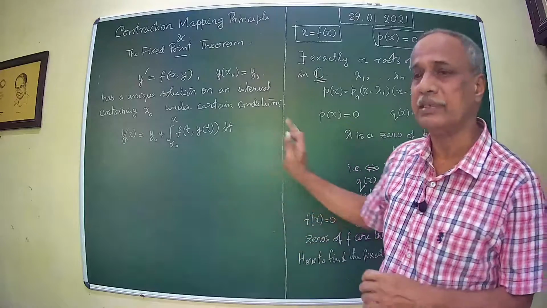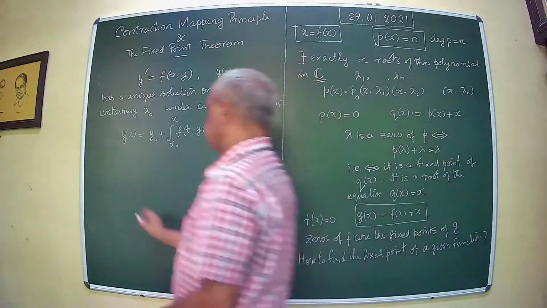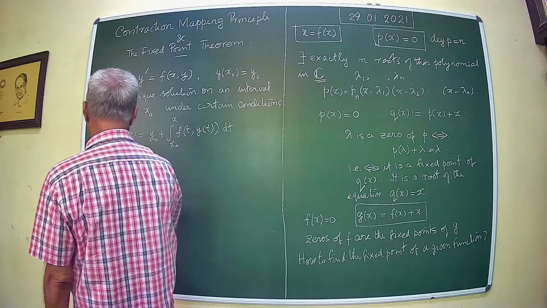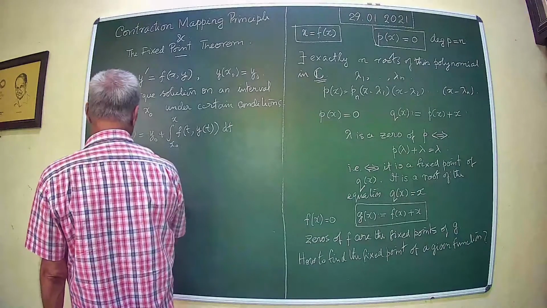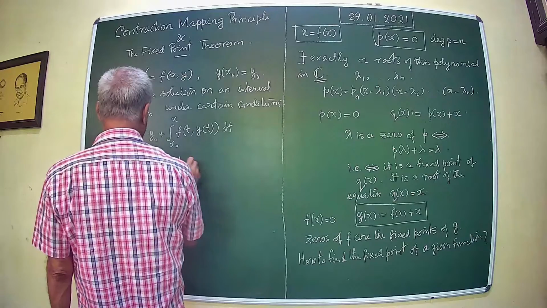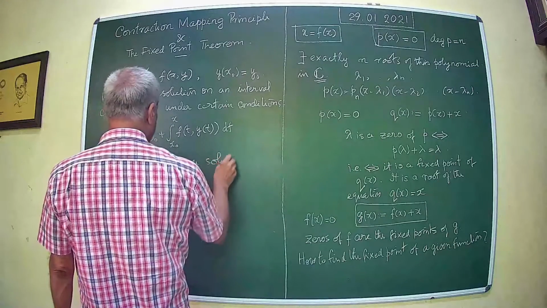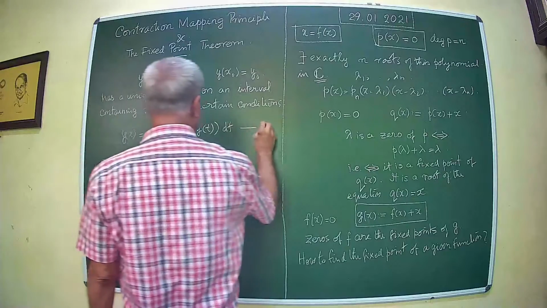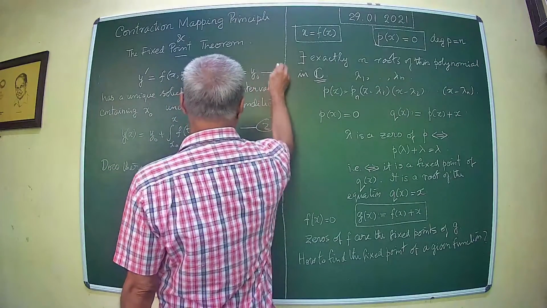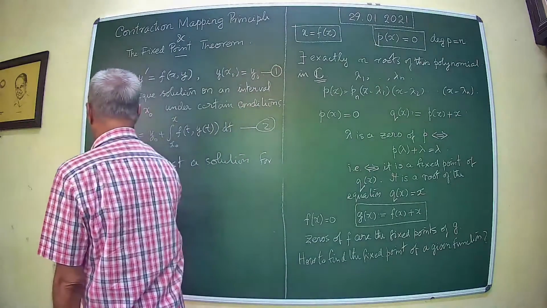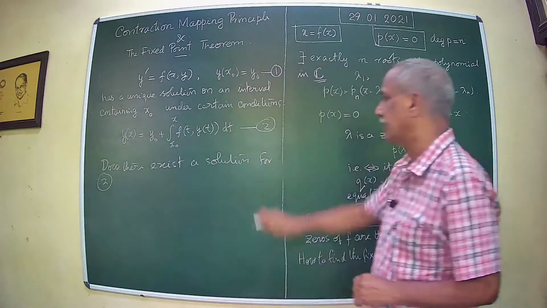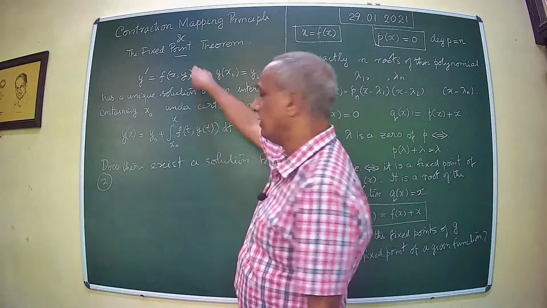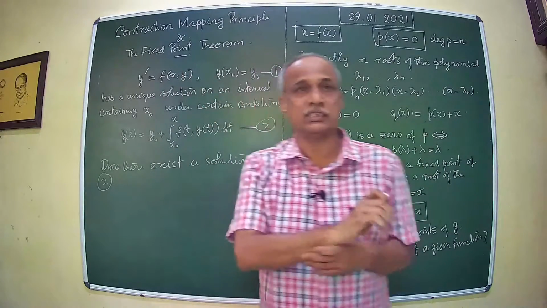Therefore the problem is now: does there exist a solution? If you can show that the second equation has a solution, then that defines a solution for the first problem.